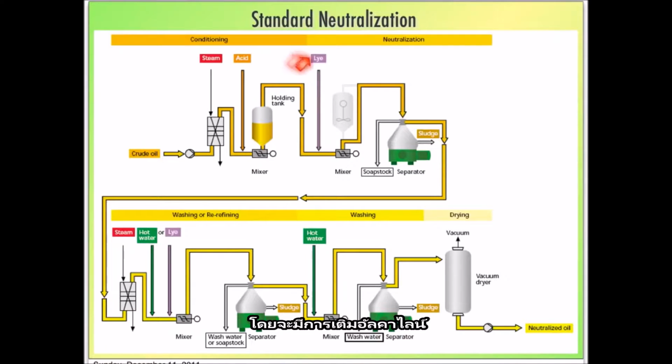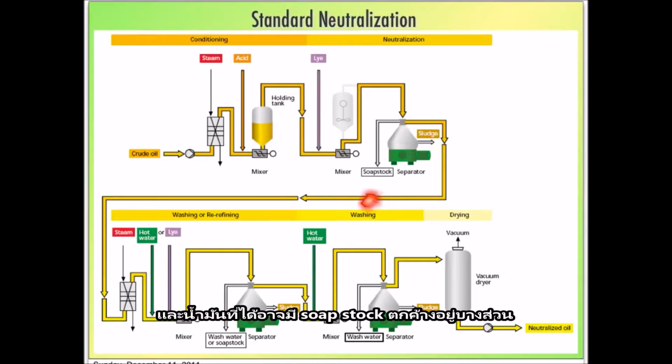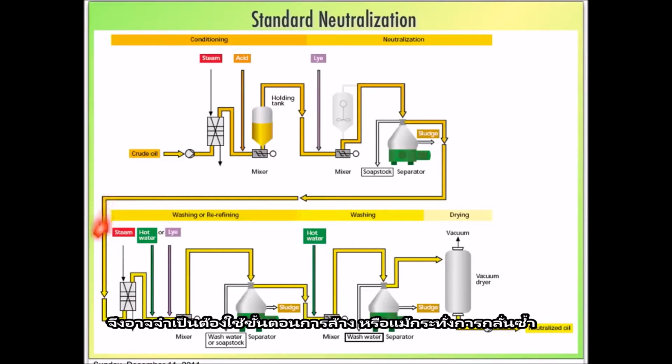Then the alkali will be added. So this is the neutralization step here, and the separator will separate the soap stock from the oil. The oil might contain some residual soap stock, so it will probably require a few steps of washing and maybe even refining.